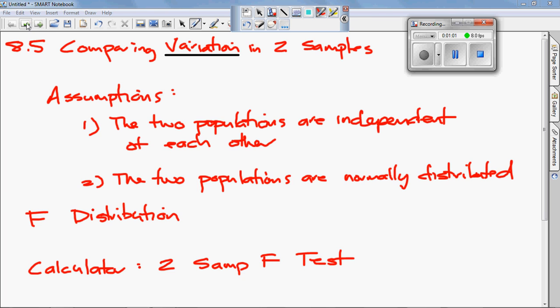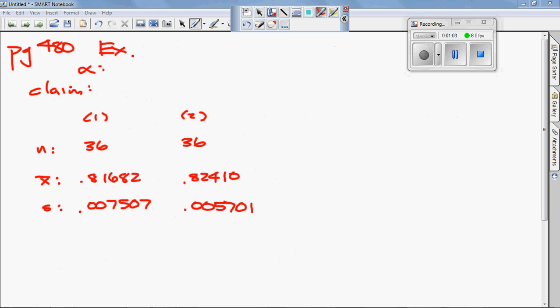So let's go ahead and start with the first example on page 480. From the problem, it says that we're using a 0.05 significance level. We are testing the claim that the weights of regular Coke and the weights of regular Pepsi have the same standard deviation. So standard deviation 1 is Coke and 2 is Pepsi.